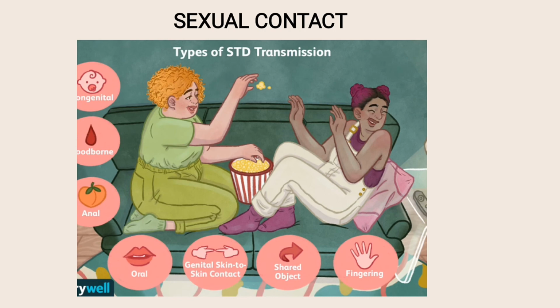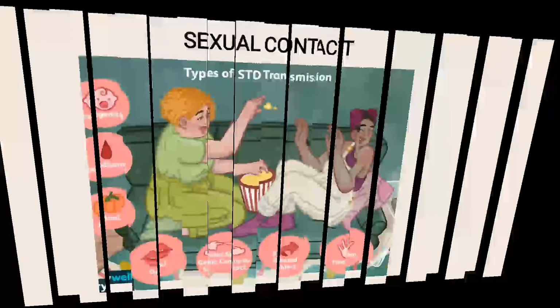Because it can result into transfer of microorganisms from an infected person to an uninfected person. Through this sexual contact, there is always a transfer of blood. And when there is transfer of blood, there is always a transfer of microorganisms from an infected person to a non-infected person.